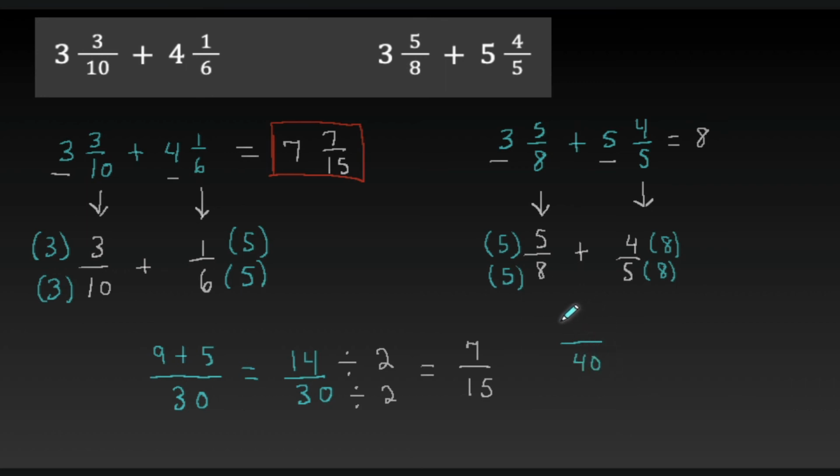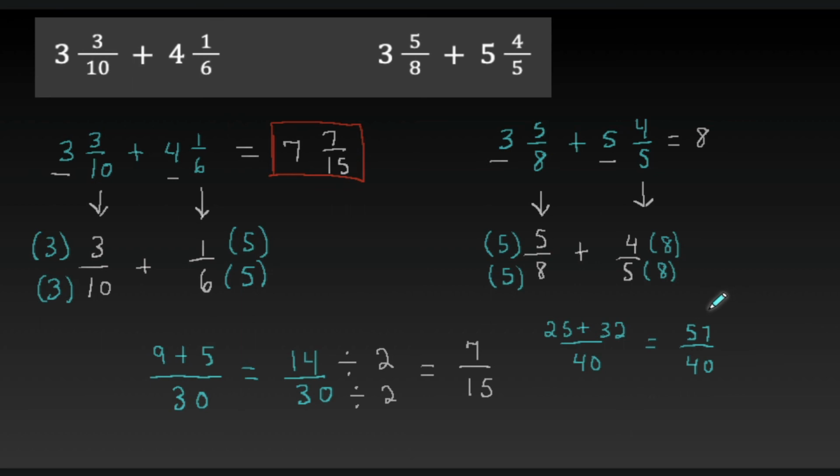Now let's evaluate the numerators. 5 times 5 is 25, plus 4 times 8 is 32. And so we have, let's see, 25 plus 32 is equal to 57, and that's over 40.